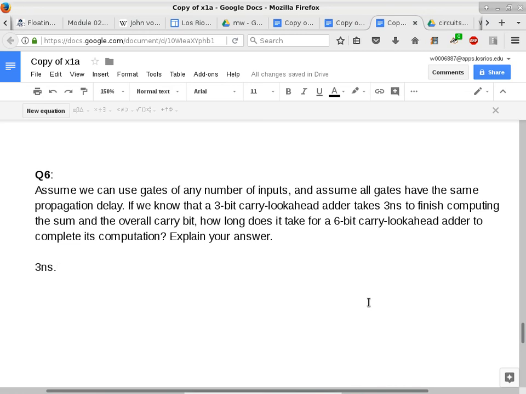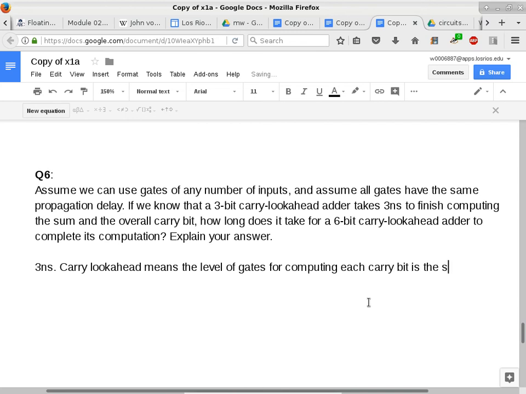So you basically say, carry look ahead means the level of gates for computing each carry bit is the same.